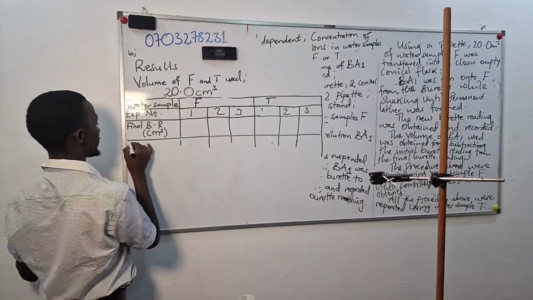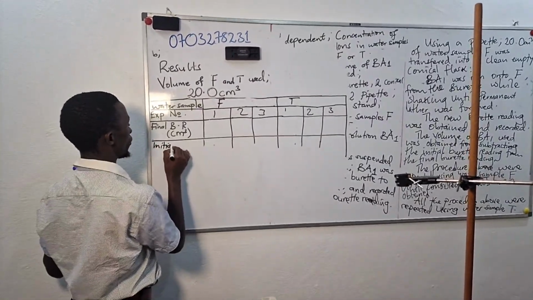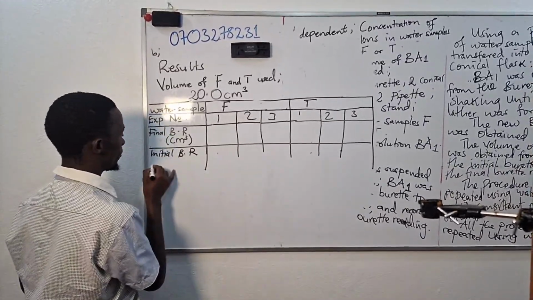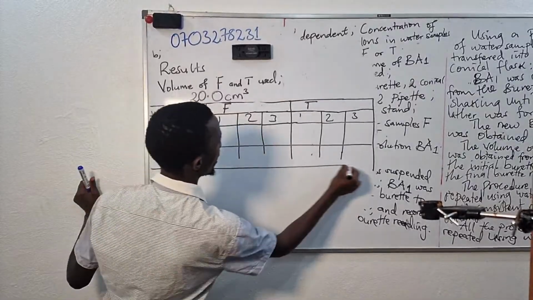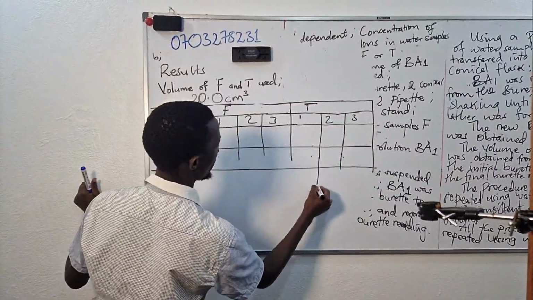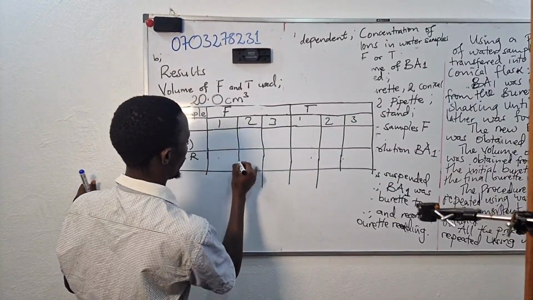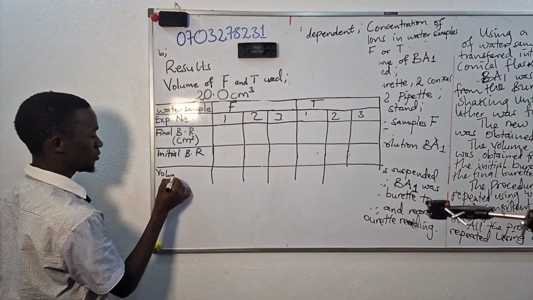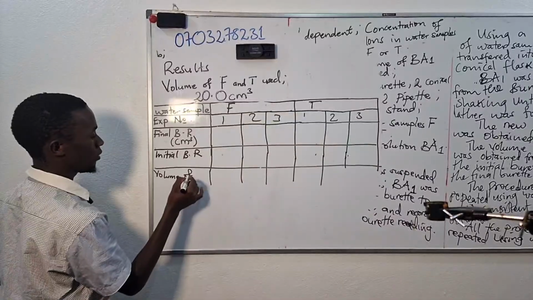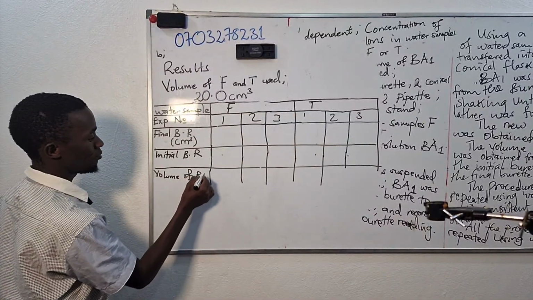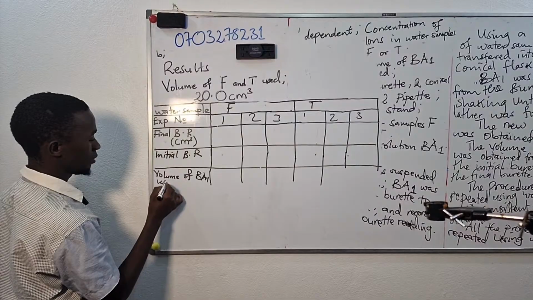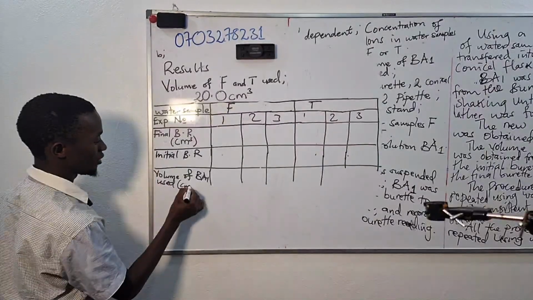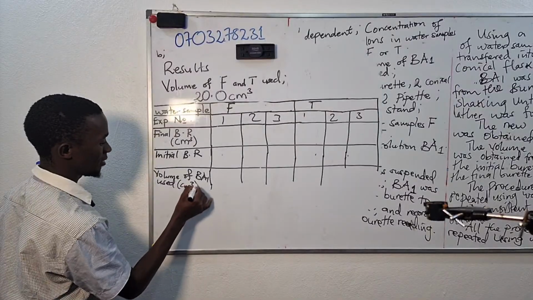We shall have the initial burette reading for each experiment number and water sample, and then the volume of BA1 used will be obtained in cubic centimeters.